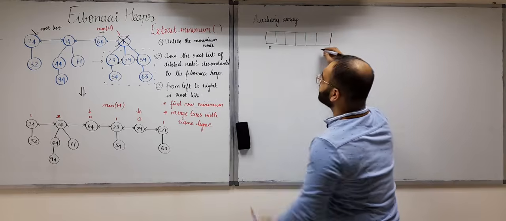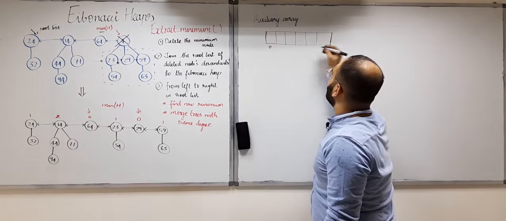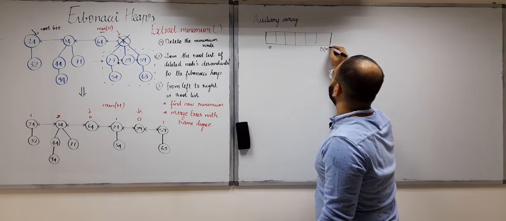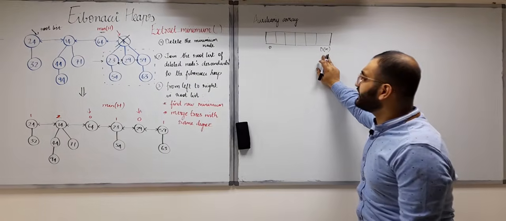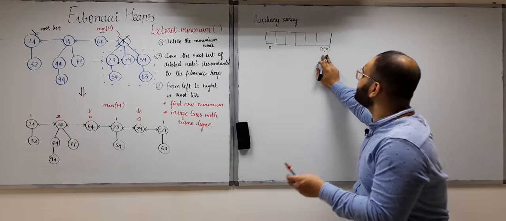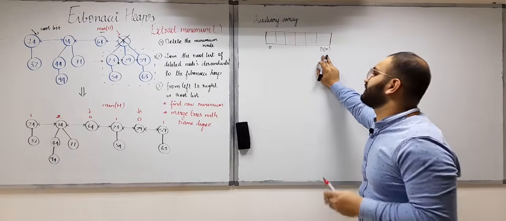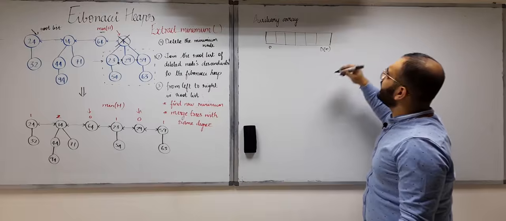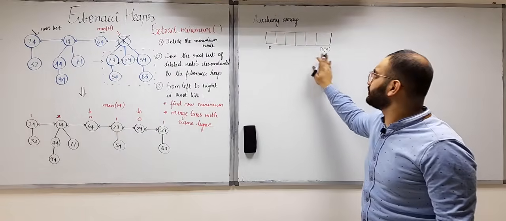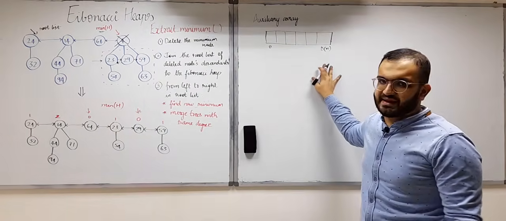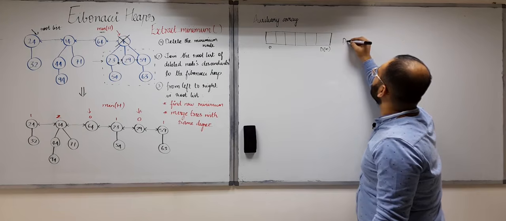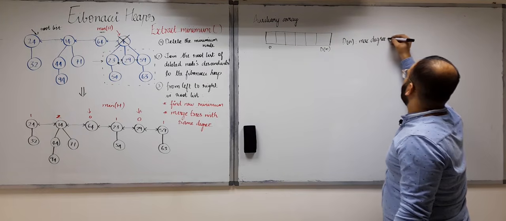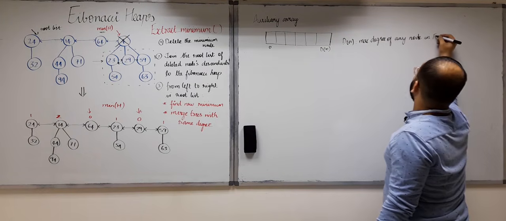So basically the auxiliary array will be an array of the size of dn, okay? So dn is equal to the maximum degree of any node in the tree. Later on, we will dive deeper into why we have chosen this size as dn. So dn is equal to the maximum degree of any node in the Fibonacci heap, right?